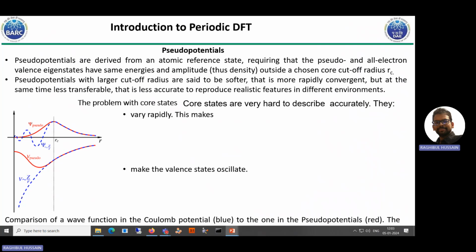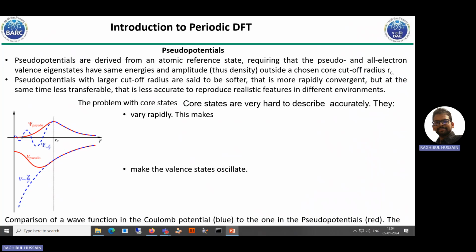Okay, and from here we will use a cutoff in the position from the nucleus, and we will try to make a potential which can avoid the complication due to the presence of the nuclear field or core electrons. So for that, people develop a potential. How do they develop it? First, they calculate for the whole system.